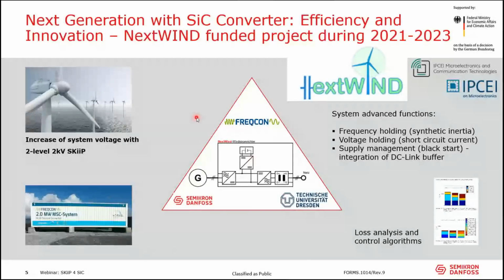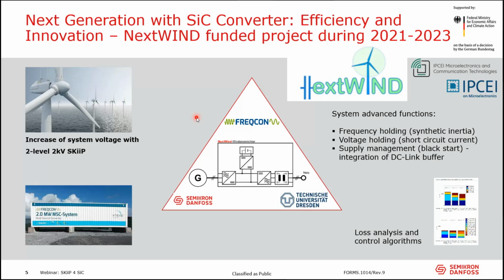And in the last 3 years, we had the funded project Next Wind that was carried out in cooperation with different partners. You can see them on the slide. The target of this project was to create the next generation of the converter for higher operation voltage.